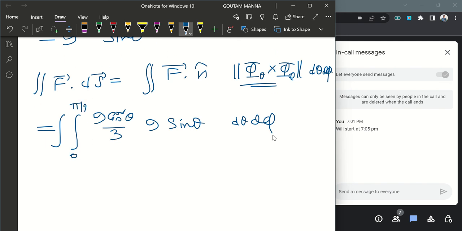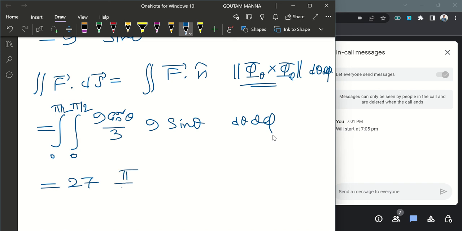Then we put 27 outside. There is no phi term here, so we can put the phi integration outside of the theta integration and do it separately.